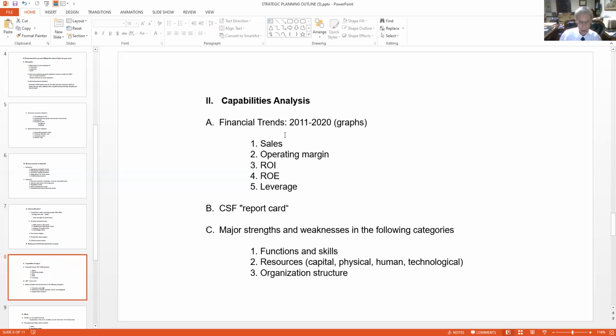Financial trends include those items. Again, I will give you data from the Value Line survey reports that I get on some 2,000 companies, and they're updated every quarter.